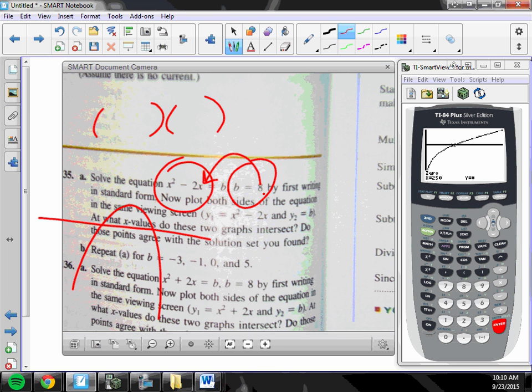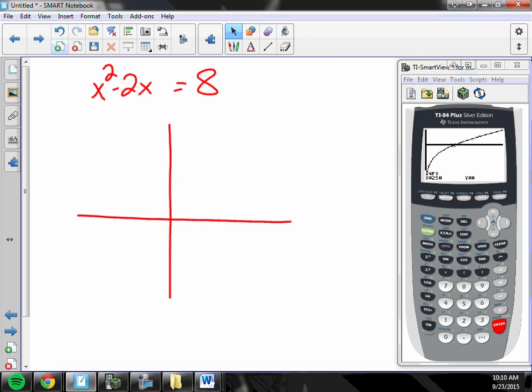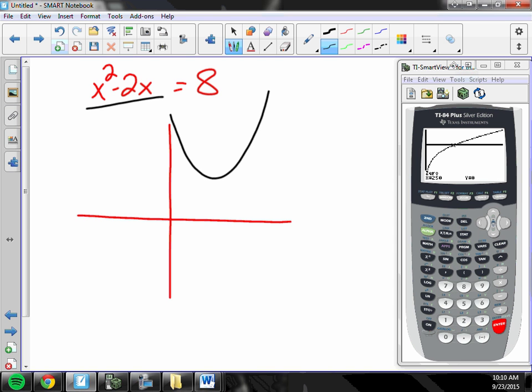Does that make sense? So essentially what's happening is if you graph x squared minus 2x equals 8, so here's my graph, this piece might look like that. It might not hit the x-axis, but y equals 8 does have 2 intersection points.